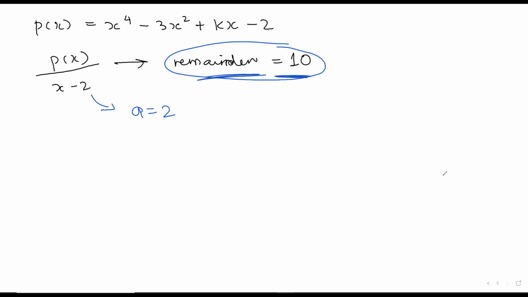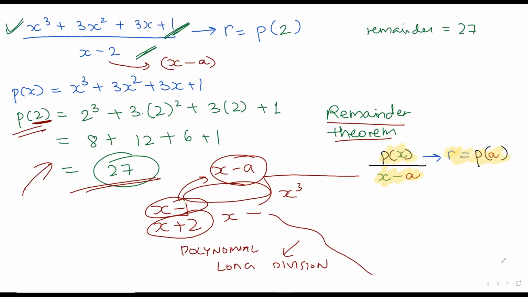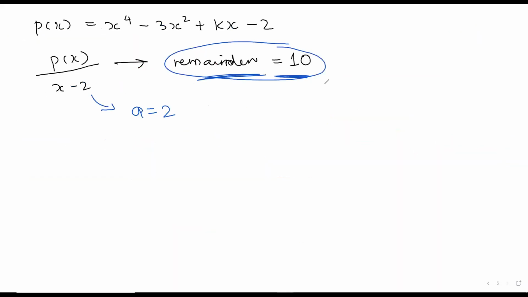And according to our remainder theorem, remainder is equal to what? Ma'am, P of A. P of A. So remember that, P of A. So remainder is equal to P of A. And what is A? Ma'am, 2. That's right.